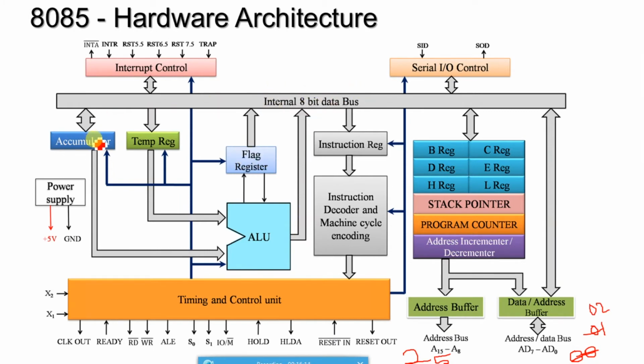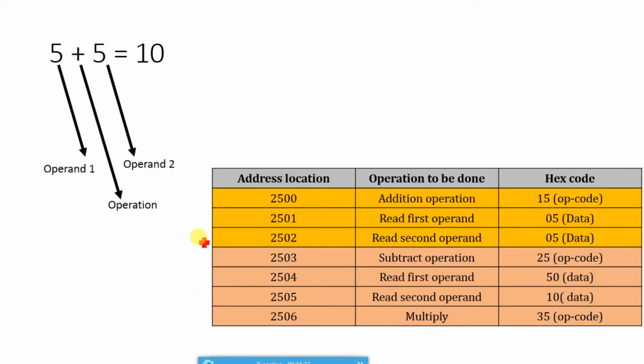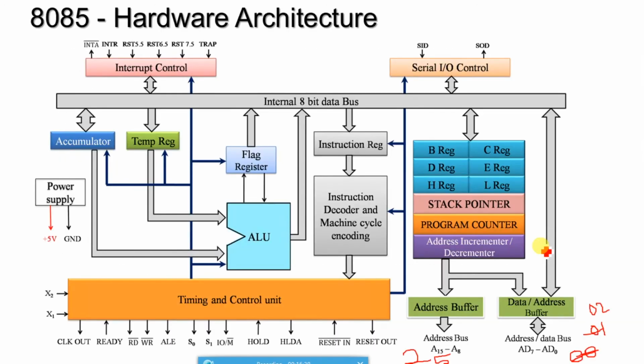The next function, at 2503, is a subtraction operation. The address of the next instruction to be executed will be given by the program counter. Now again it will go to 2503: opcode, data and ALU execution, this is the process.